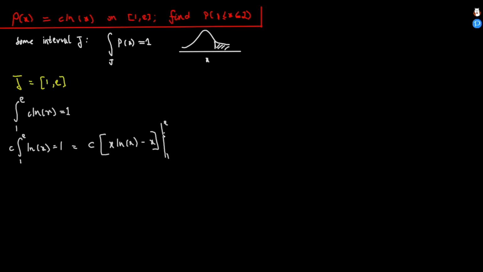So this is c times e ln of e minus e, minus 1 ln of 1 minus 1. We're just evaluating both endpoints, at e and at 1.